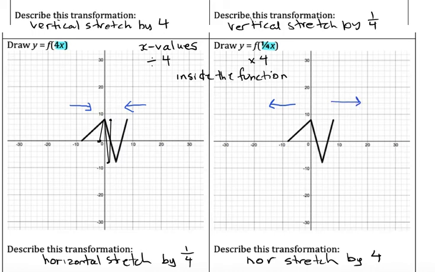Okay, let's do it. So -8 will go to -32, and then the 4 will go to 16. So we're multiplying all the x values by 4. The 8 is going to go to 32.